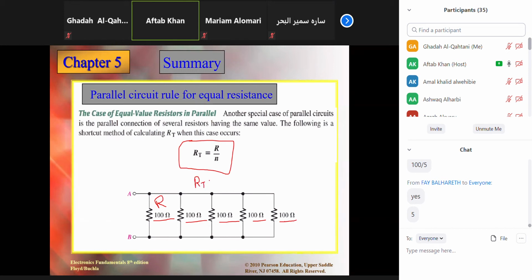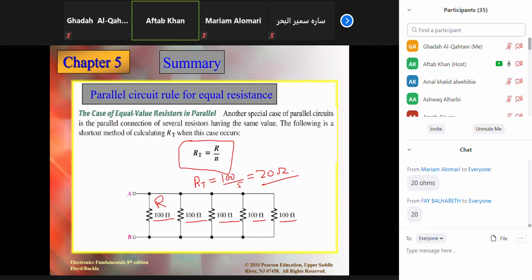So I can easily say RT is going to be 100 over 5 because there are 5 resistors connected. So the answer is going to be 20 ohm. So easy. It will make your life easy sometimes, because in the next chapter we will be discussing combination circuits.